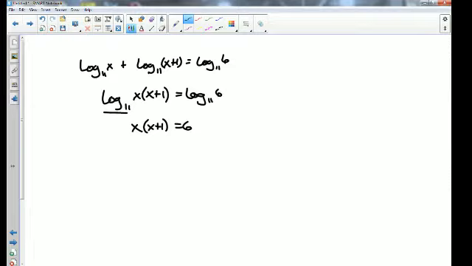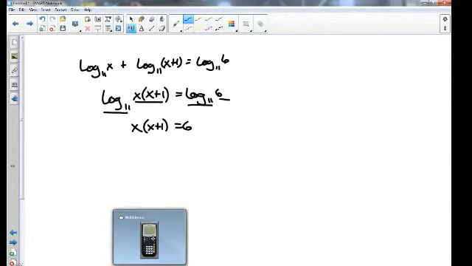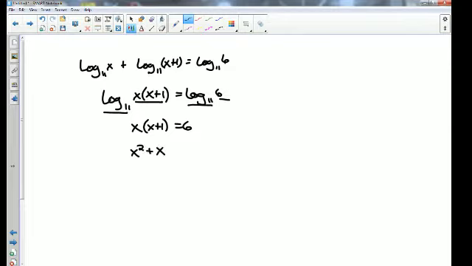Right, these are the same, which means that these are the same. Okay, now you just have x times x plus 1 equals 6. Stop thinking, next step, and you solve a quadratic.